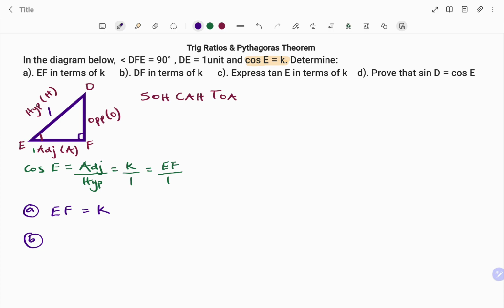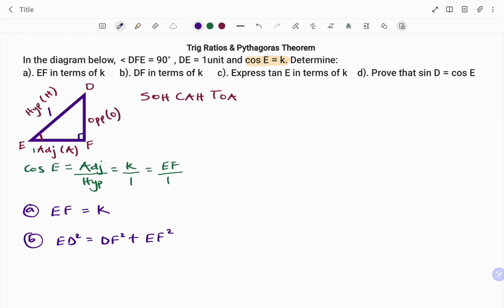For the B part, we're to determine the line DF in terms of K. Because it's a right angled triangle, I'm going to use the Pythagoras Theorem, which states that the square of the longest side, that's ED in this case, is equal to the sum of the square of the other 2 short sides. So we have ED squared equals DF squared plus EF squared.